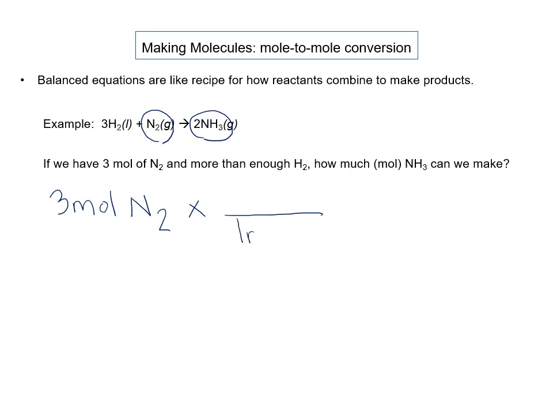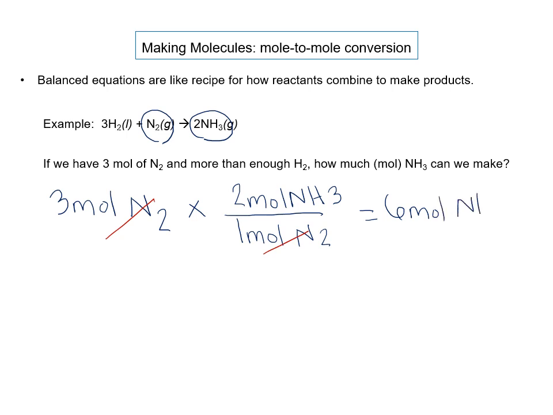For every 1 mole of N2 that reacts, 2 moles of NH3 is produced. So this is now going to be used as a conversion factor. Notice that the moles of N2 here will cancel, and my final answer comes out to 6 moles of NH3.